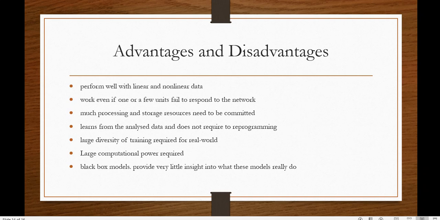First of all, it needs a lot of data, different types of data. The training data should be very good and sufficient for the processing. And then you need the computation power, the storage, and the time to train. If you can supply these things, then ANN can do magic for you.